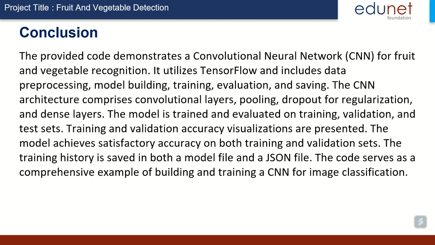The model is trained and evaluated on training, validation, and test sets. Training and validation accuracy visualizations are presented. The model achieves satisfactory accuracy on both training and validation sets. The training history is saved in both the model file and a JSON file. The code serves as a comprehensive example of building and training a CNN for image classification.